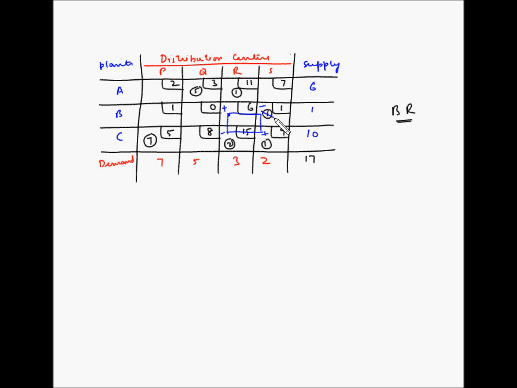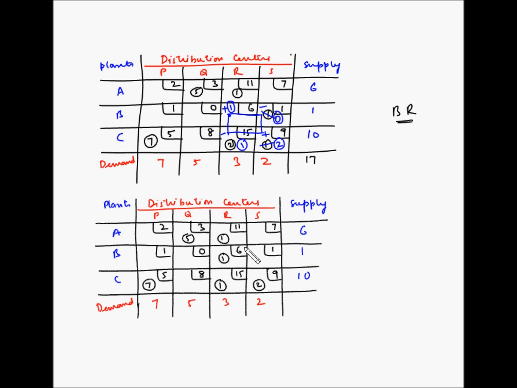So this becomes 0, this becomes 2, this becomes 1, and this also becomes 1. And the next step is to prepare the new transportation table and check for optimality.